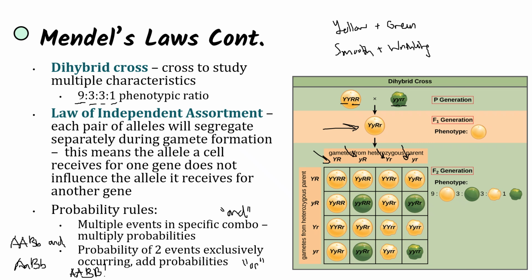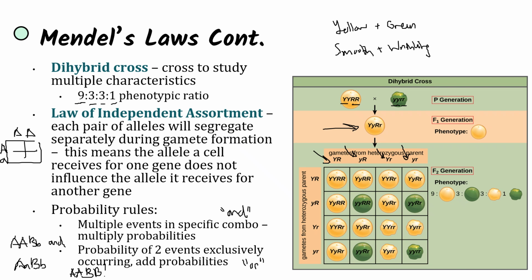So let's do the math. Because of our law of independent assortment, we can find the probabilities of these separately and then multiply, because each pair of alleles is going to segregate separately. So we can first cross our A's, meaning we're going to have capital A capital A, and then over here, capital A lowercase a.